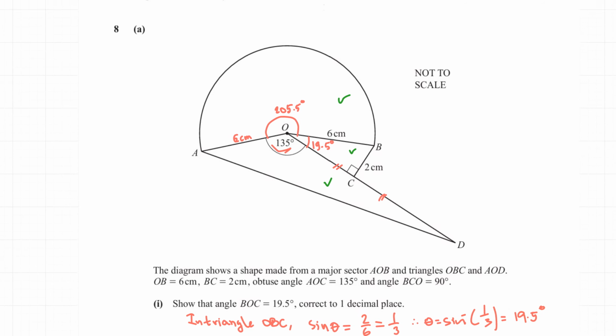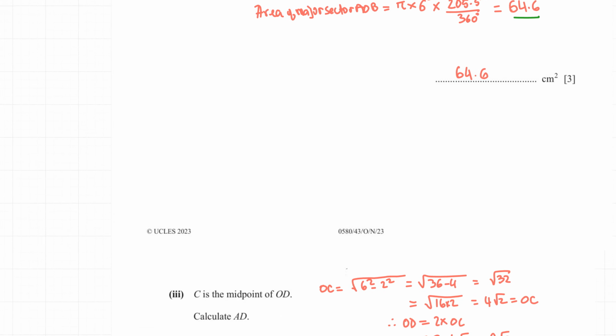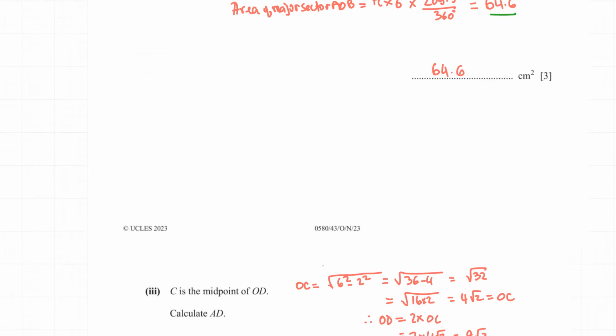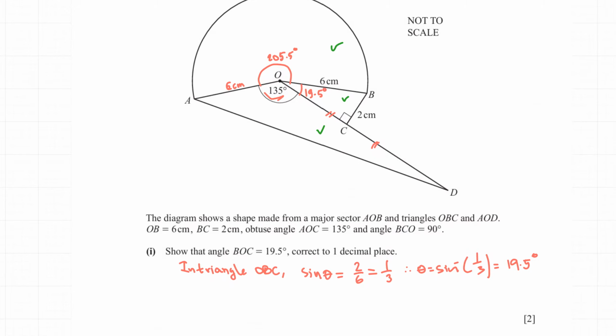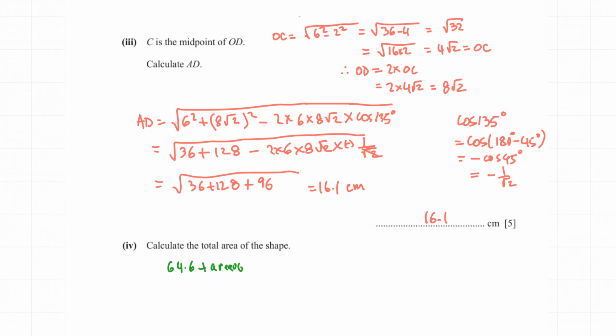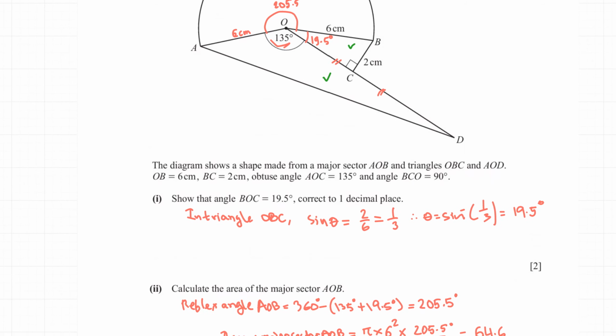Okay, so the area of the major sector is 64.6, so we are going to use that. So the area will be 64.6 plus area of triangle OBC plus area of triangle OAD.